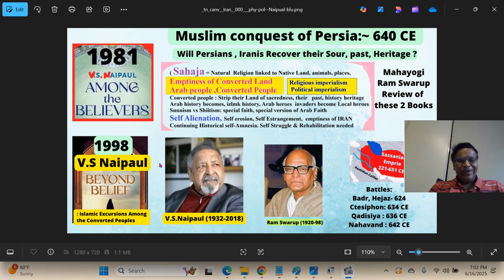Iran and two books written by the late Nobel laureate V.S. Naipaul, Sir Vidiadhar Naipaul, Among the Believers and Beyond Belief, reviewed excellently by Mahayogi, India's topmost thinker, Voice of India think tank, late Mahayogi Sri Ram Swarup, give a much broader, deeper understanding of modern Iran, Persia, how it lost its soul and how it can recover and rehabilitate some of its past.